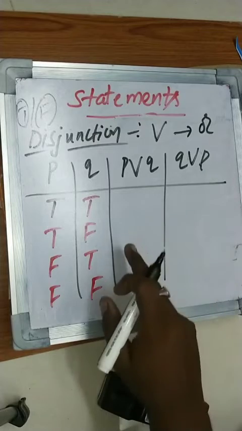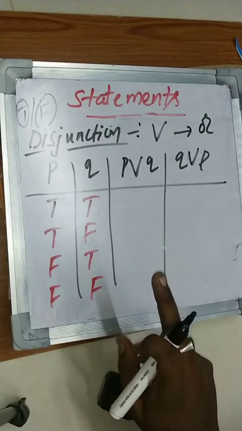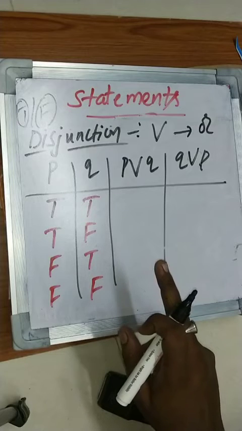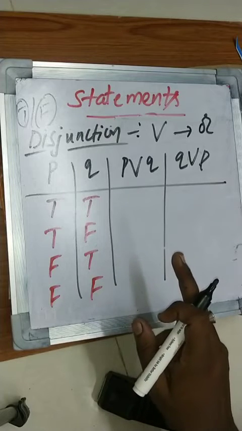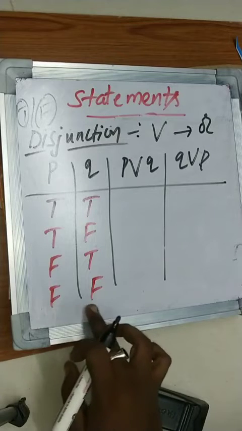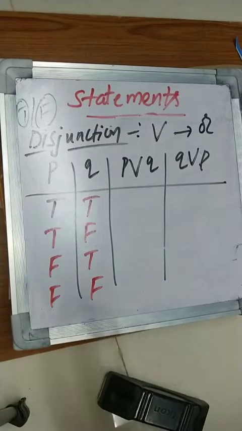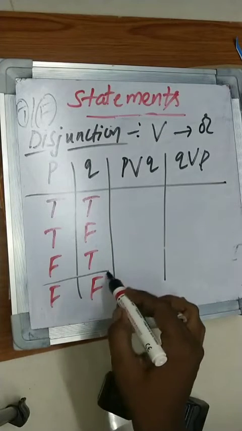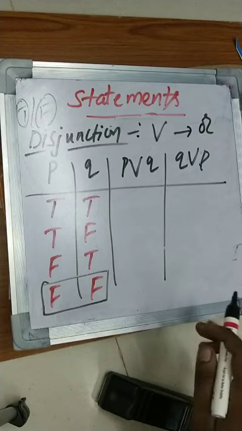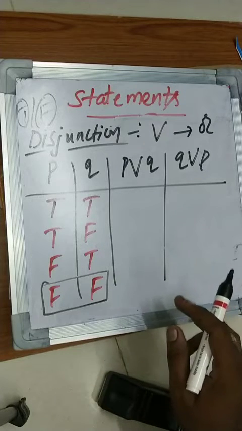As I said to you, disjunction of two statements is false when both the statements are false. So this is the only case where both the statements are false. So disjunction of two statements will be false only when both the statements are false.